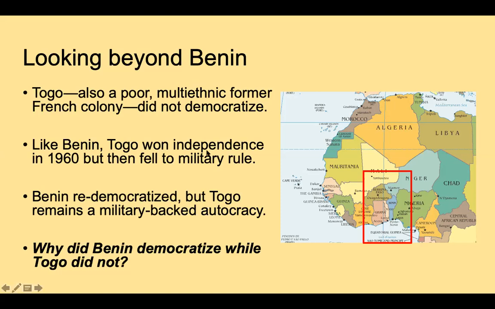And this simple research design allows us to examine systematically variation in key variables of interest and to see if variation in those variables of interest produce the different outcomes across the similar cases. So like with South Korea and North Korea, Benin and Togo provide us with a useful foil for studying a transition in a systematic way.